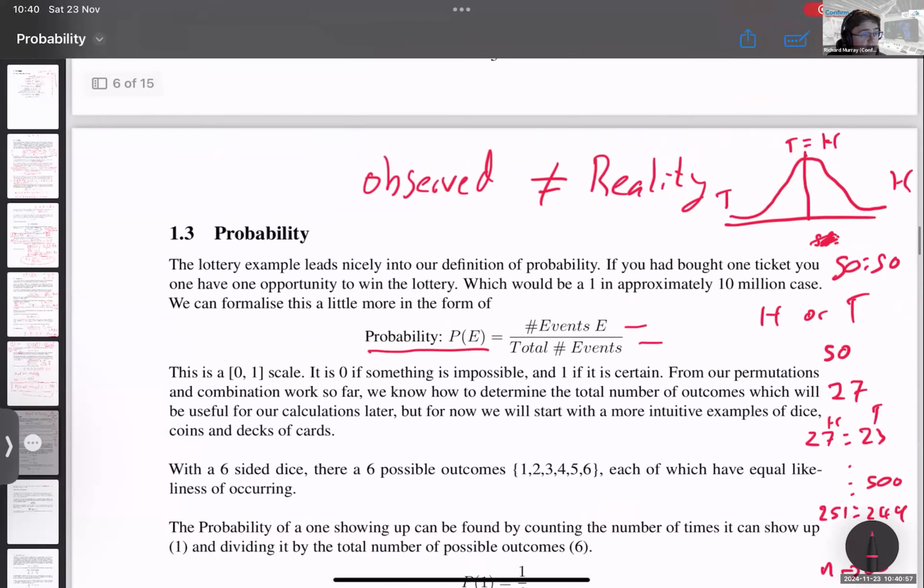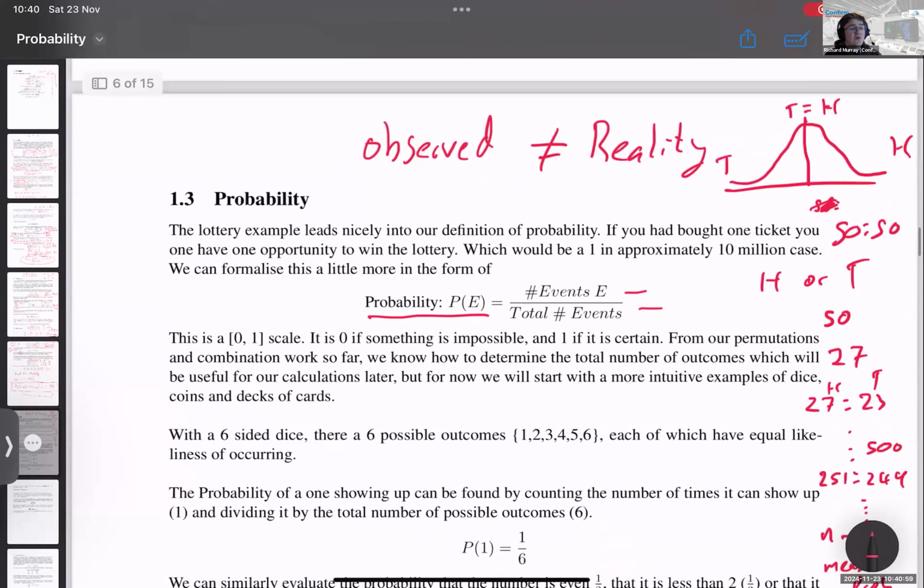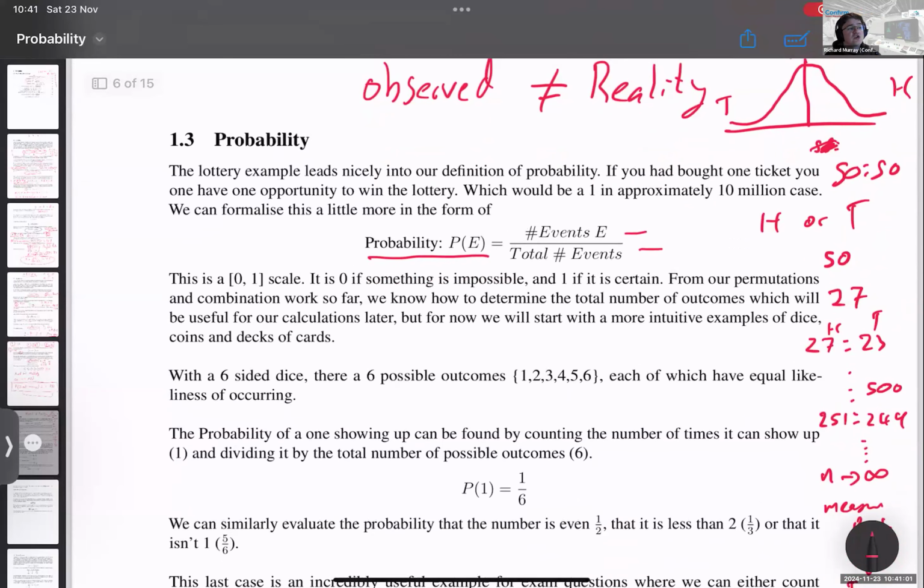And we'll see this in an exam question style later, where we're trying to compare between what is the accurate case and what is our approximation. And this is just down to how difficult it is to measure things precisely when they're governed by random probability.